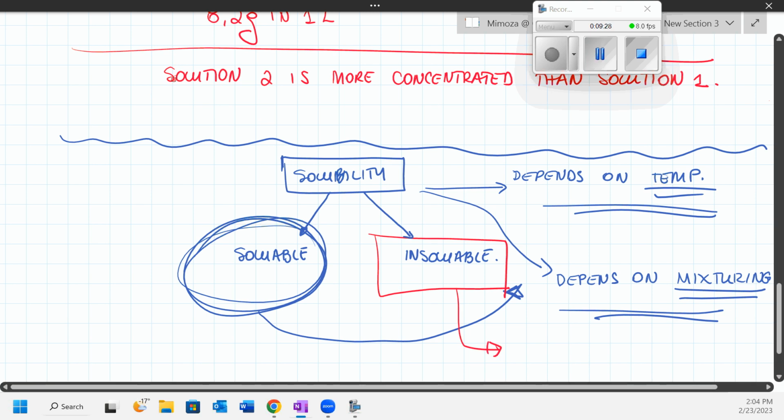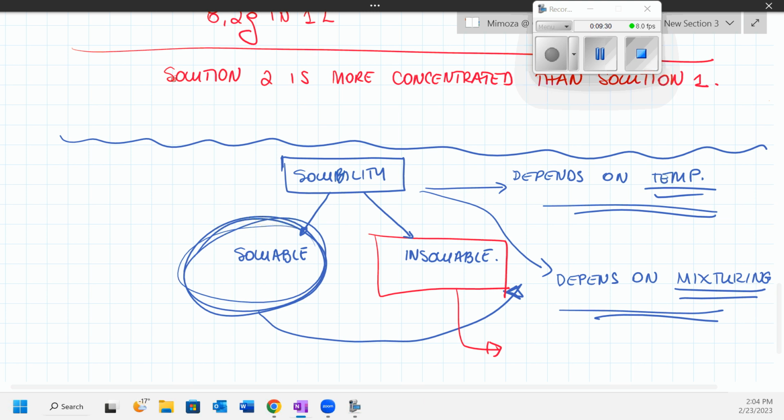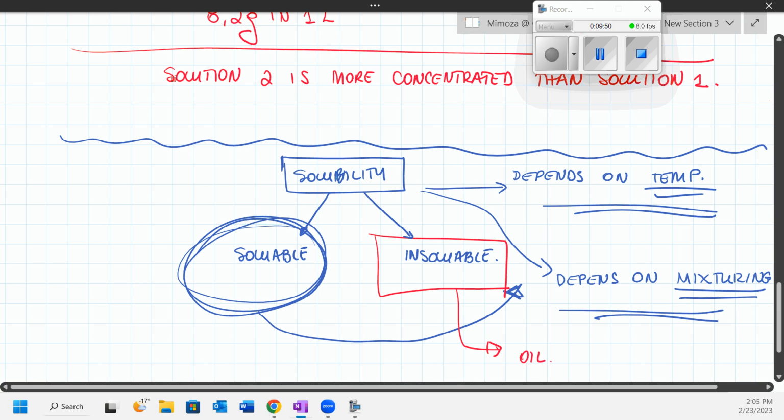An example of an insoluble substance is oil. You put oil into water, they will never mix. They will create some bubbling, but then in the end, the oil will come up to the surface and the water will stay at the bottom.